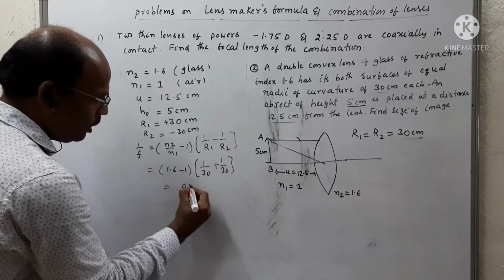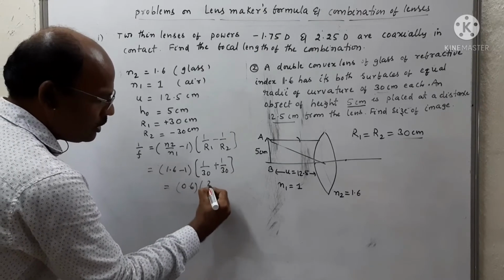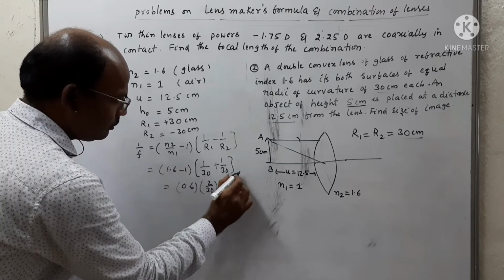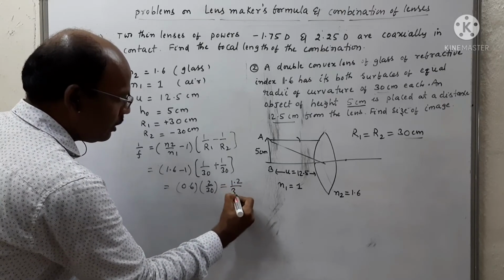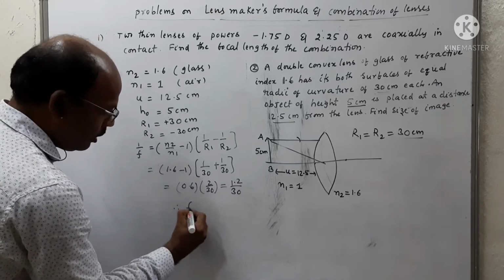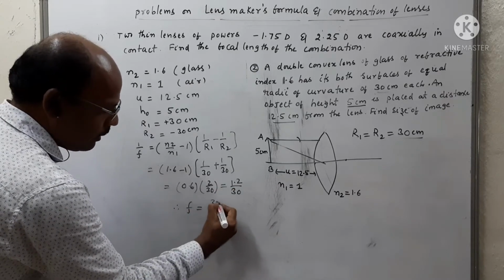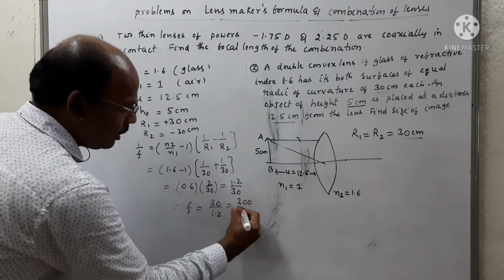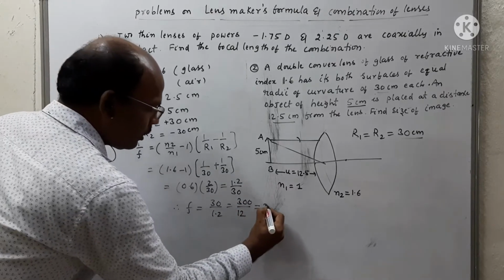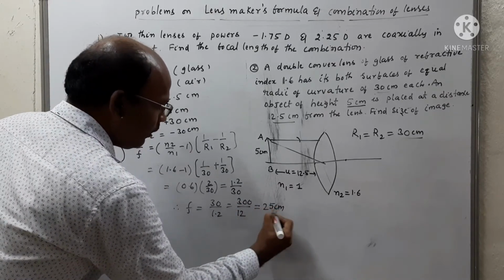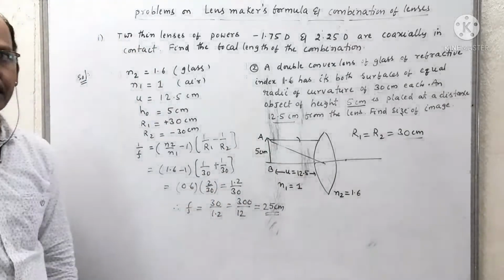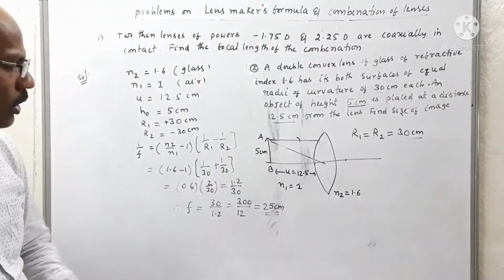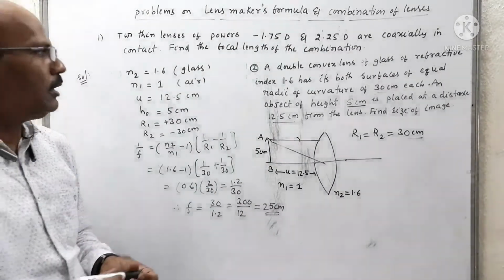That is equal to 0.6, times 2 by 30. So 1.2 by 30. Therefore, f is equal to the reciprocal, so 30 by 1.2, so this is 300 by 12, that is equal to 25 centimeters. So the focal length of the convex lens is equal to 25 centimeters.